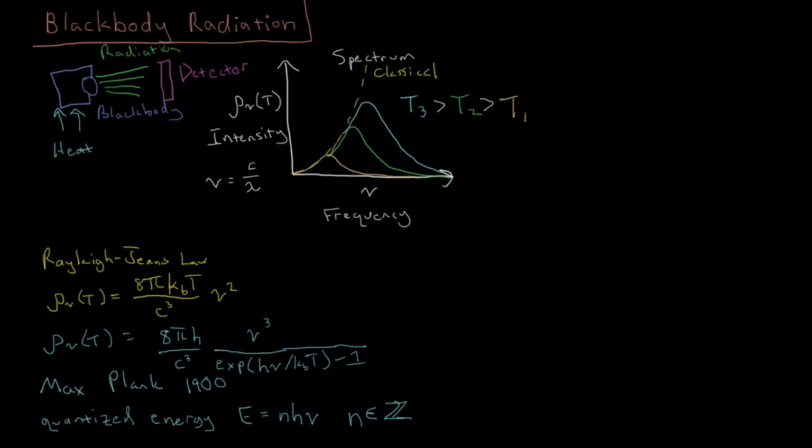Let me draw a line here. This is getting kind of messy in there. Okay, so Planck gets this expression, which is a cubic divided by an exponential minus 1.